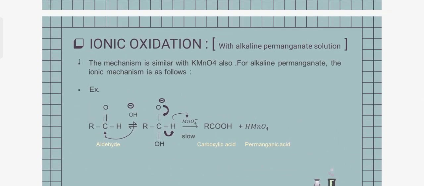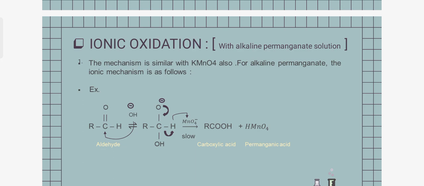Ionic oxidation with alkaline permanganate solution. The mechanism is similar for KMnO4 also, for alkaline permanganate. The ionic mechanism is as follows. For example, first we take aldehyde and react with OH minus. The OH is attacked on the carbon because carbon has a partial positive charge, and it gives R, C, O, H, OH.